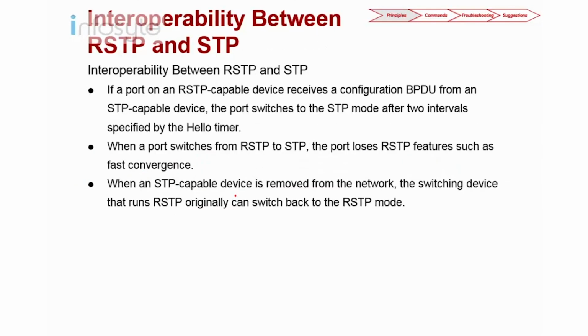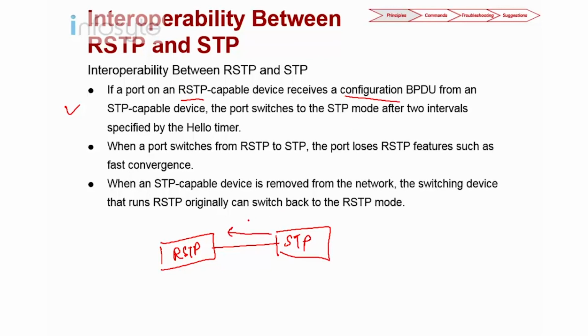Now next we are going to examine the interoperability between RSTP and STP. So if I have 2 switches, one running RSTP and another one running STP, how will they interoperate? Okay, now firstly, if a port on an RSTP-capable device receives a configuration BPDU, so STP sends a configuration BPDU to the RSTP, the port switches to STP mode after 2 intervals specified by the hello timer.